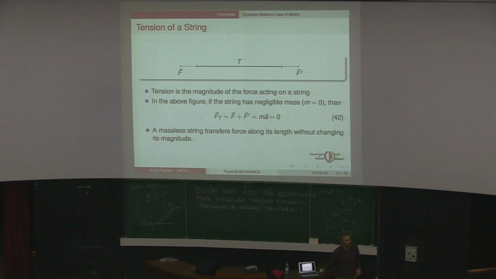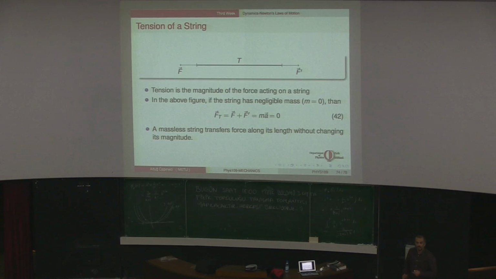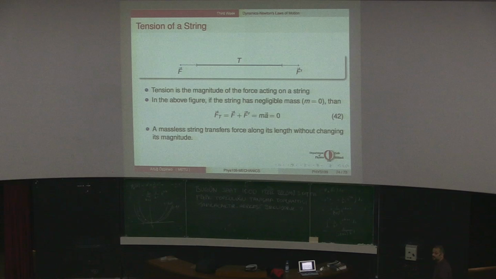Now let's look at some other examples of applications of Newton's law. In most of the applications, when you apply a force on another object, you can just go there and pull it or push it, or you can attach a string, and with the string you can pull the object towards you.